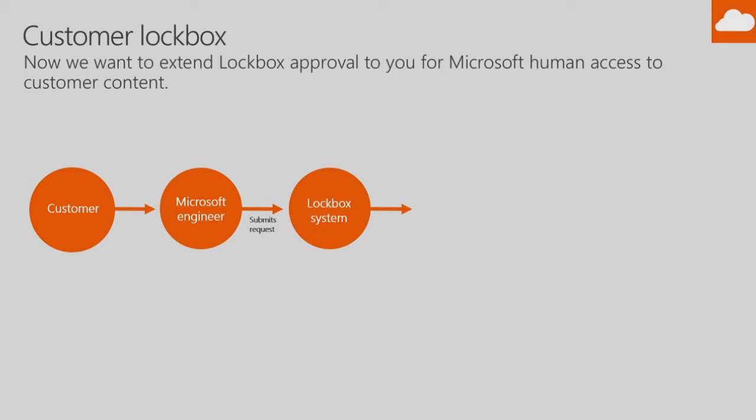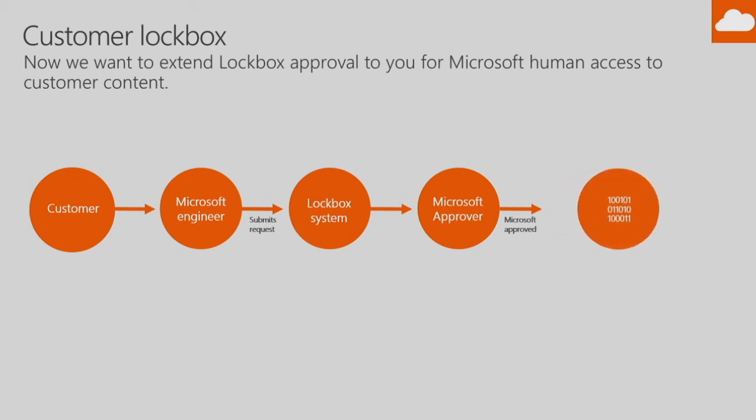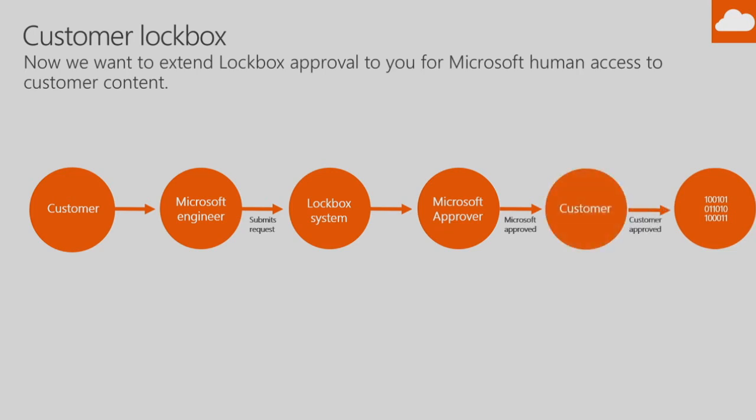Then it goes to the lockbox system. The Microsoft approver approves after a lot of scrutiny, specifically when it touches customer data or it is an admin elevation. We are very, very strict about it and you don't get easy approvals. Let's say he approves because he knows there is a support ticket associated with that and he understands it. But if you are a Customer Lockbox customer, then we send the approval to the customer.